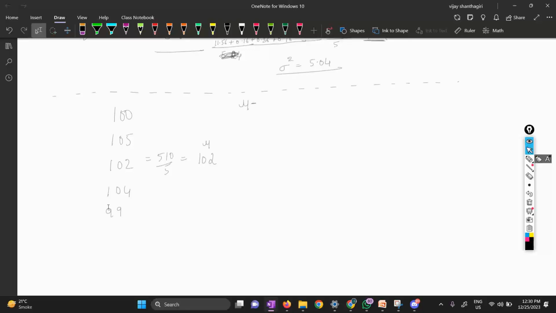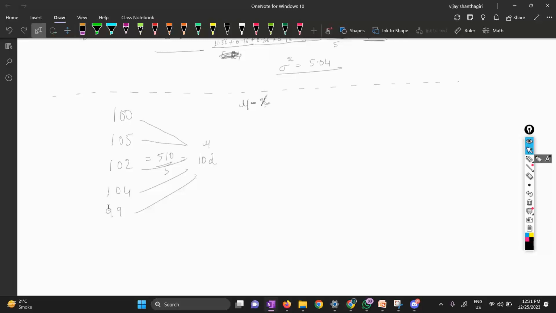Median. No, mu minus x. You're not fully immersed. No median. We don't need median here. Mean is there, and then mu minus x. Now, give me this.